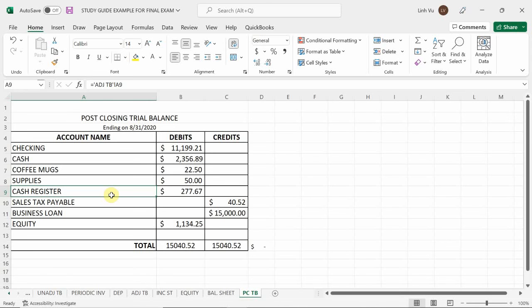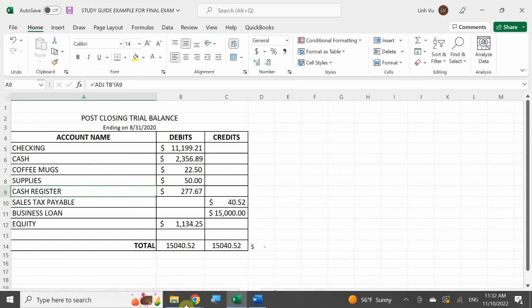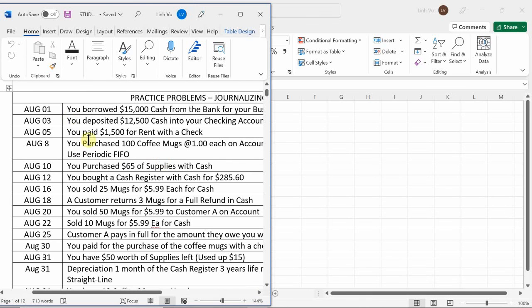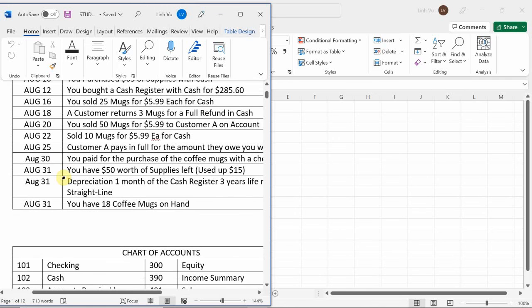So from there, you need to know how to journalize your transactions properly, meaning making sure you know how to use your chart of accounts and use the 7 steps of transaction analysis.